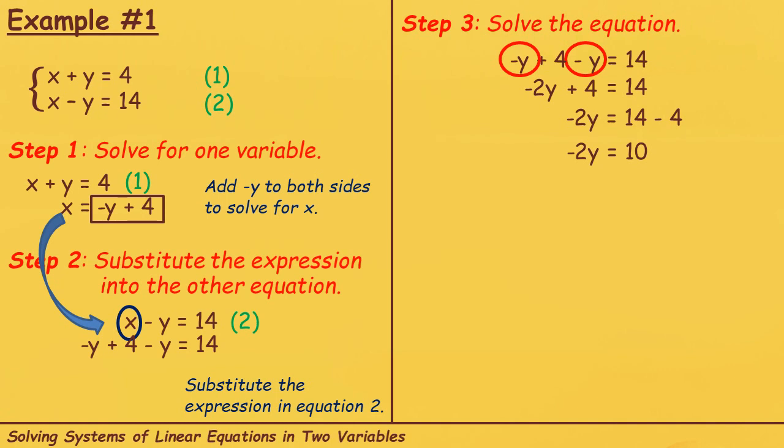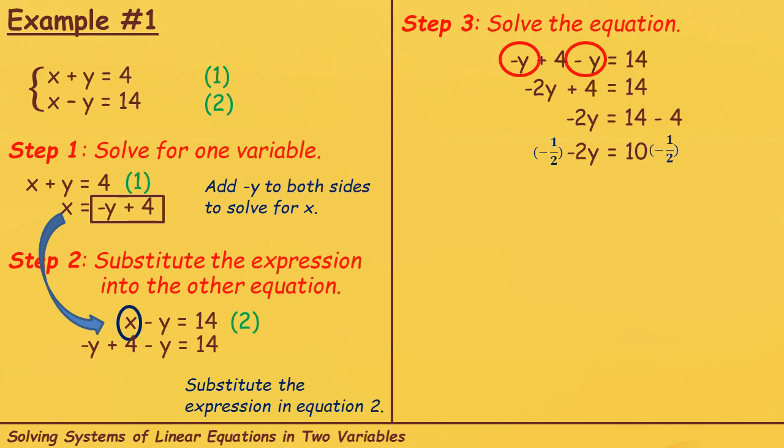Ang hinahanap natin is value ng y, pero meron pang negative 2 na numerical coefficient. So we will use MPE this time. Okay, so we will have the multiplicative inverse of negative 2, that is negative 1/2, para maging positive y na yung ating final answer dito. So negative 1/2 is to be multiplied to both sides of the equation.